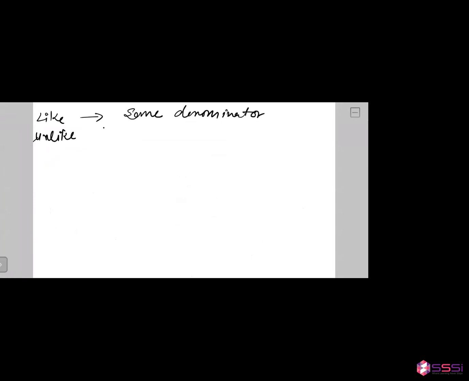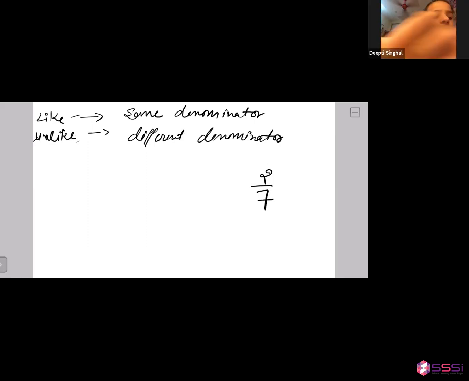Unlike fraction, different denominator. When we have 2 or more fractions, only then can we compare. If I ask you, beta, what is 2 by 7, we cannot decide whether it is a like fraction or unlike fraction.